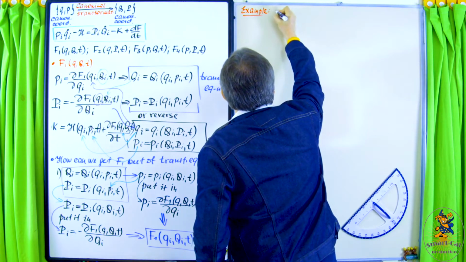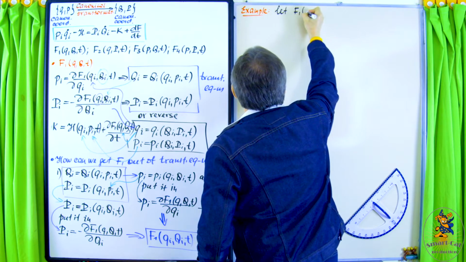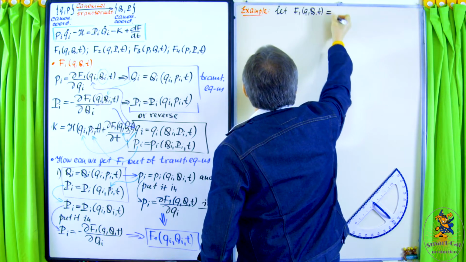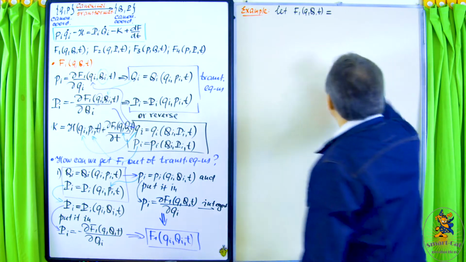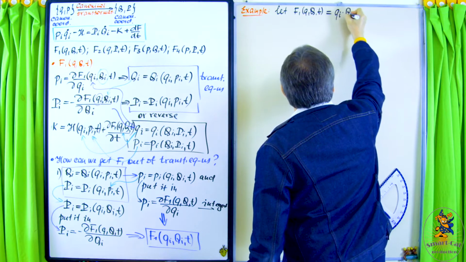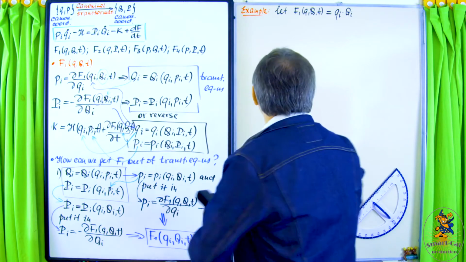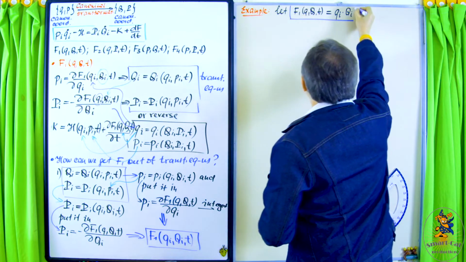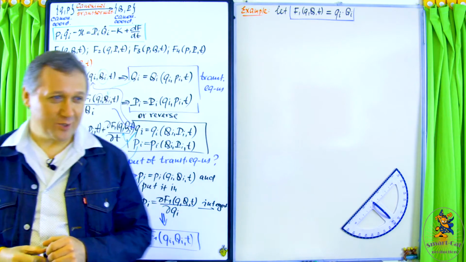So let's assume somebody gave you f1, which is a function of q small, q capital, and time, equal to... Time is possible, but of course not necessary. So let's assume that the generating function is a product of the old coordinate and the new coordinate. Somebody was generous enough to give you this generating function.